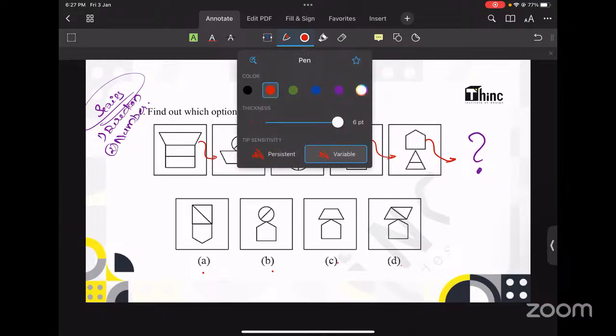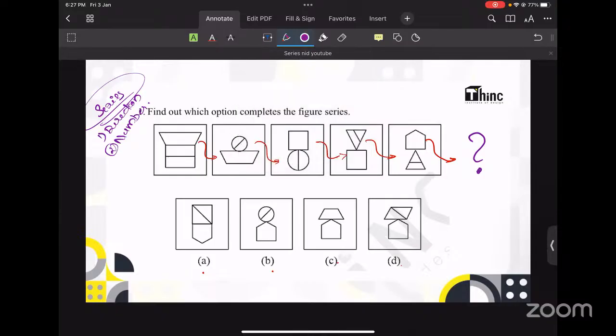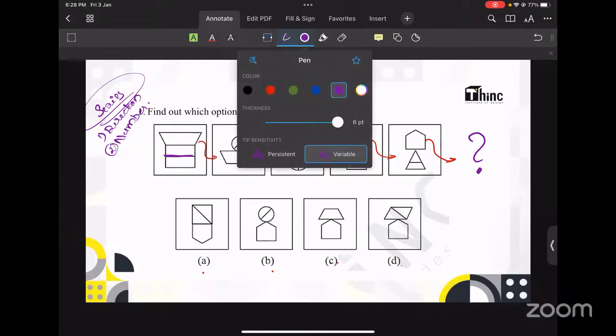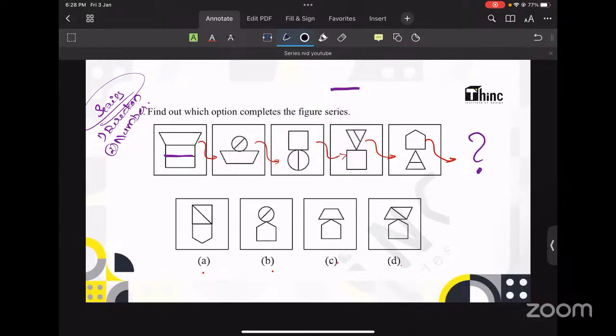Just focus on this line. I simply drew that line over here. Next line. I'm highlighting it using black. So I took that line also here. Another line you can find here, so I just drew it over here.